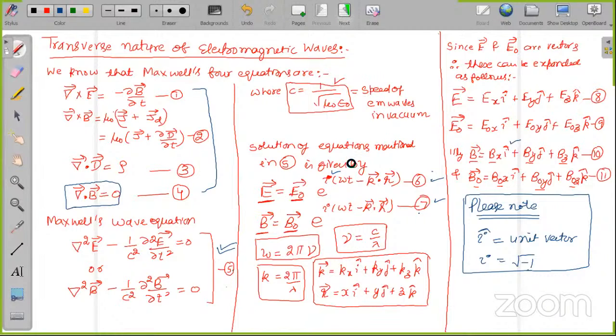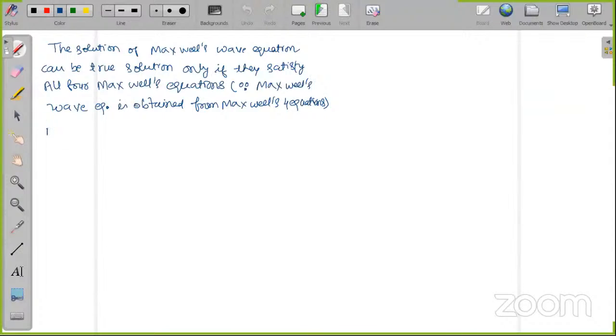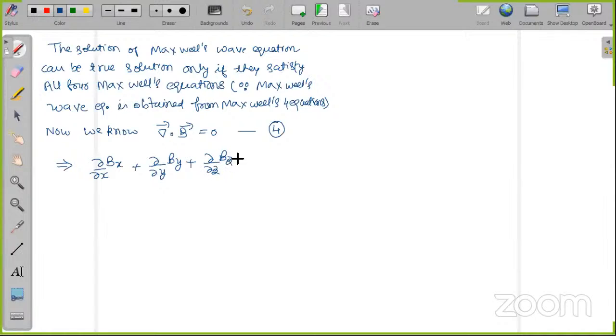Okay, let us now write it. Now, we know that del dot B is equal to 0. This was equation number 4, which can be written as, would you agree, that it can be written as del by del x of Bx plus del by del y of By plus del by del z of Bz equals to 0.